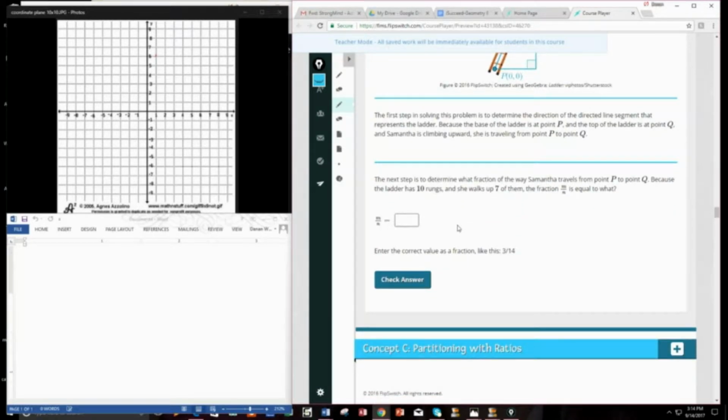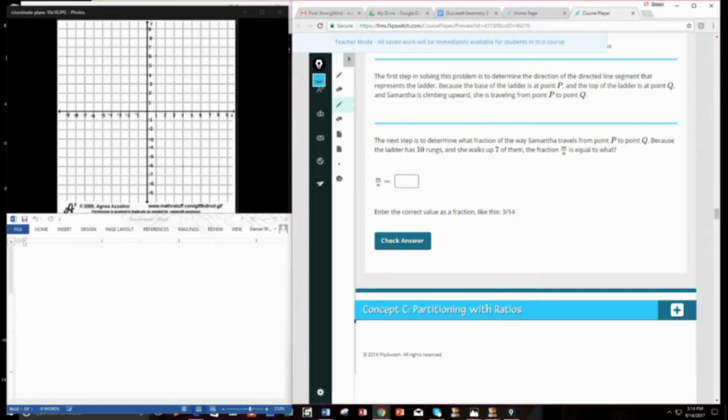The next step is to determine what fraction of the way Samantha travels from point P to point Q. Because the ladder has 10 rungs and she walks up 7 of them, the fraction m over n is equal to what? There are 10 rungs, that is 10 sections, so that is our denominator.